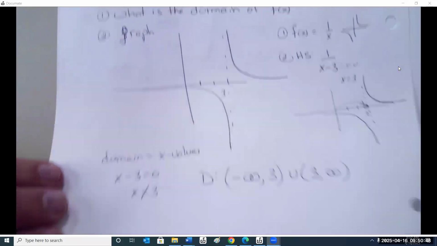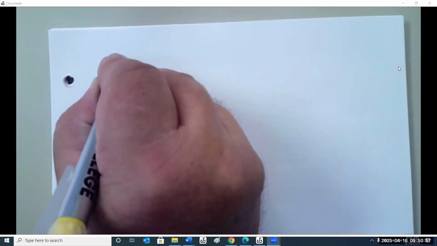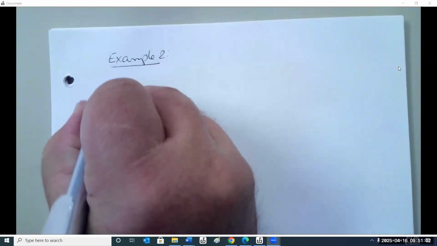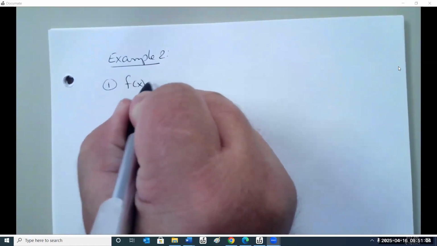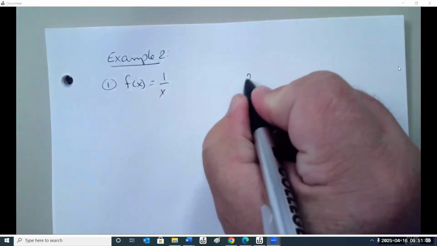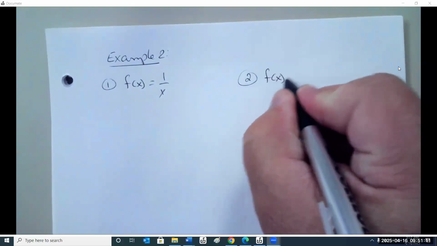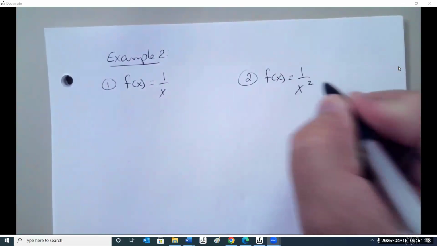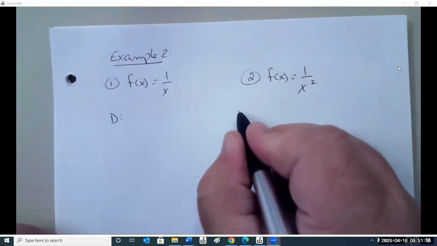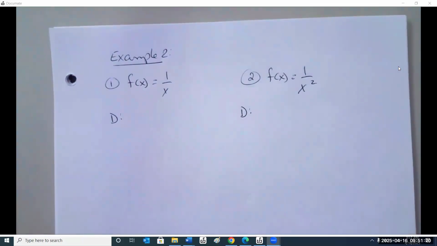So far, so good. Now I'm going to give you a bunch of other functions. I want you to tell me the domain of each of these functions. F of x equals, well, forget these because we just did these. The domain of this one, and we should know the domain already for these. What are they?